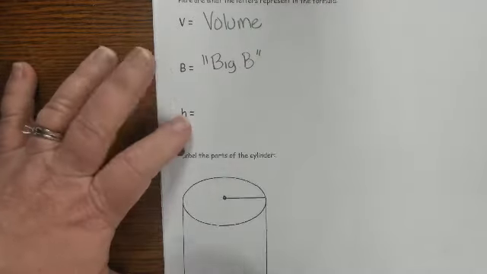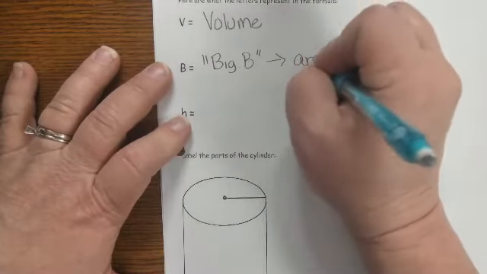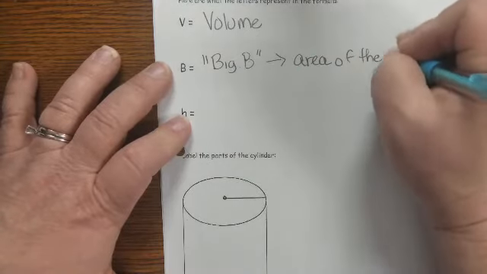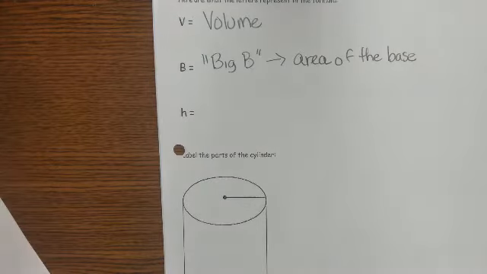And the big B represents the area of the base. No matter what formula you see a big B in, it always represents the area of the base. When I ask you what is big B, I don't want you to say it's the base. No, it's not the base. That is an incorrect statement. It is the area of the base.